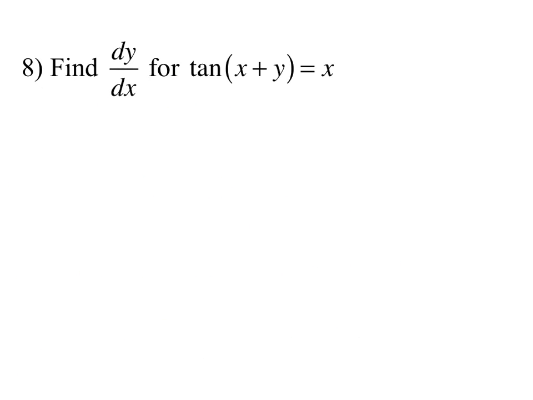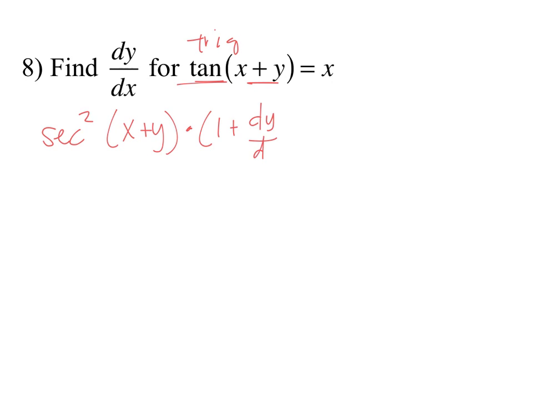For the trig function on number 8, this is trig on the left here. It's just tangent, and here's my angle. So d trig, so secant squared of x plus y, times the angle, which is 1 plus dy dx, is equal to 1, which is the derivative of x.